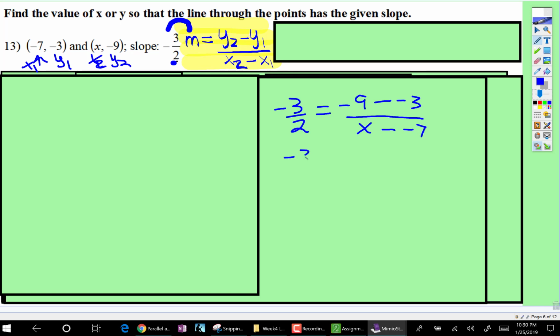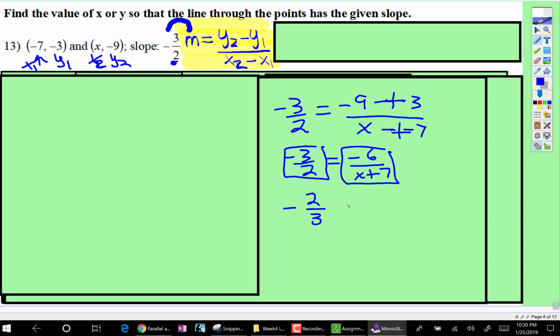When you simplify that, you have negative 3 halves. Subtract a negative becomes add. Negative 9 plus 3 is negative 6. That still is going to say x plus 7. But now we have one fraction over one fraction, so we can flip both sides.